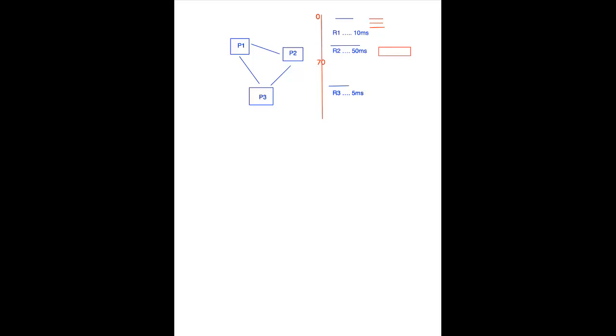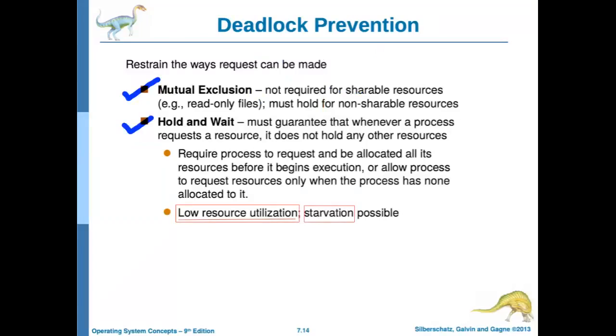We cannot allocate that. Why? Because even though process P1 is not using resource 3, we have allocated it to the first one, and that is the reason it results in low utilization and may result in the starvation problem. Any doubt in this?